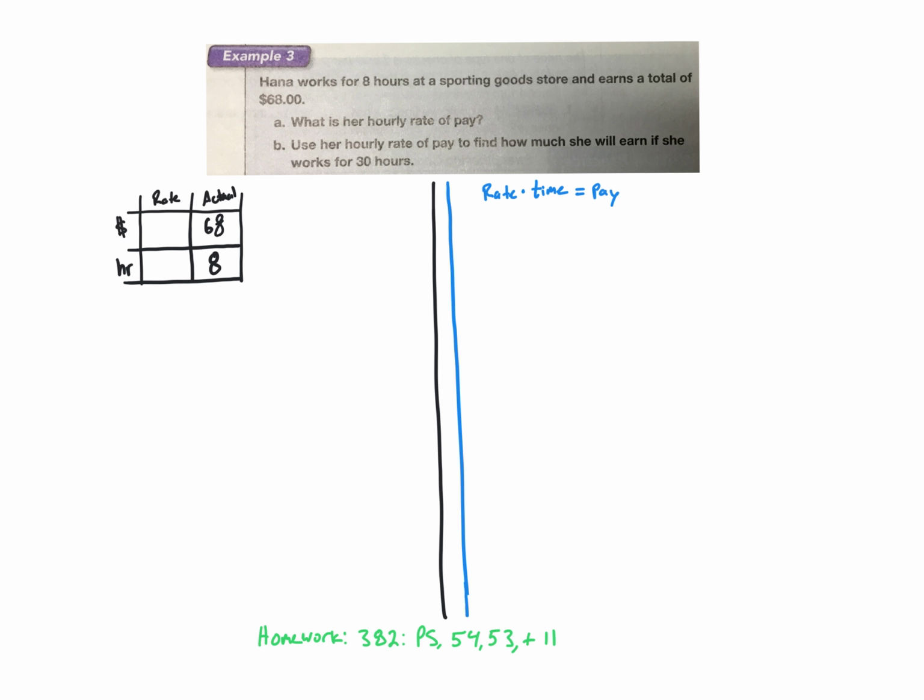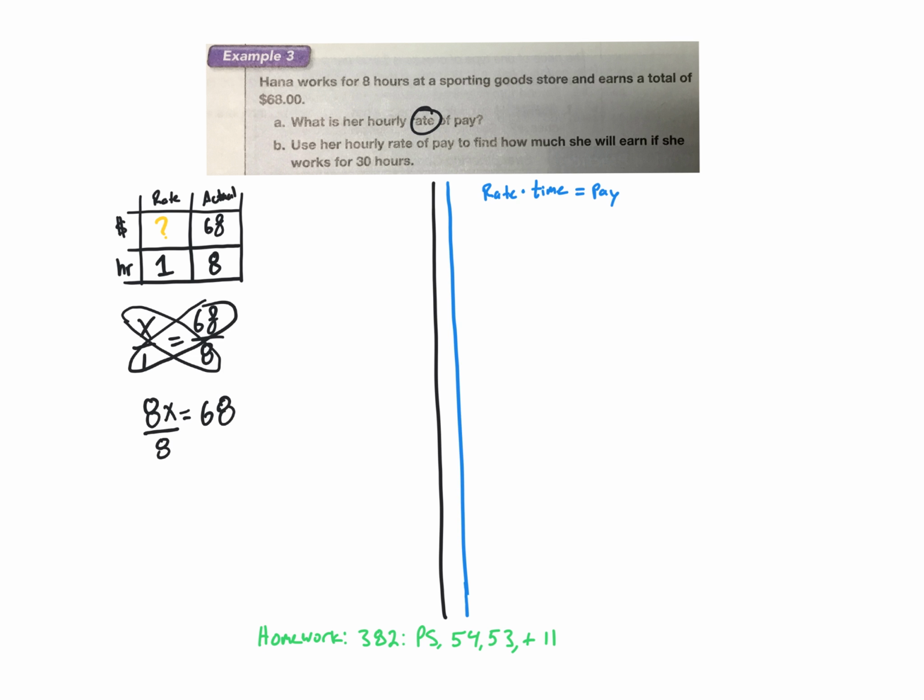Now remember, a rate is when that unit is just simply 1. So 1 hour. So we're looking for her rate, or how much money she earns in just 1 hour. So I'm going to call this x over 1. It's going to equal 68 over 8. Cross multiply or butterfly method, that's going to give me 8x equal to 1 times 68, which is 68.